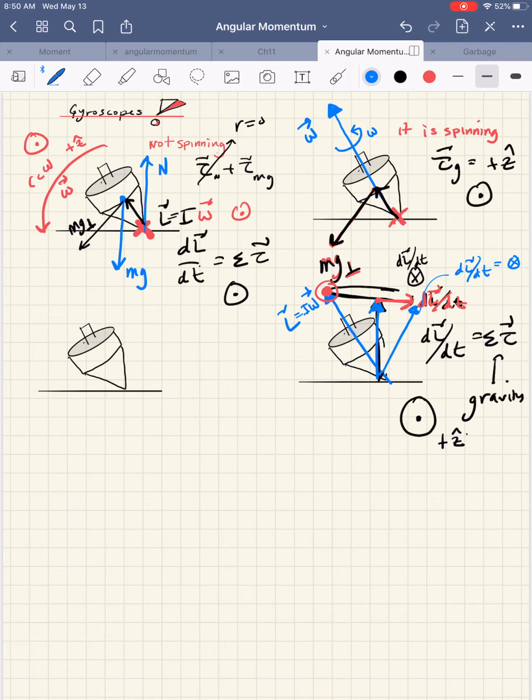So one way that we can see that is just by observing the precession. If I have an existing angular momentum vector, in order for it to precess, it has to change the angular momentum.